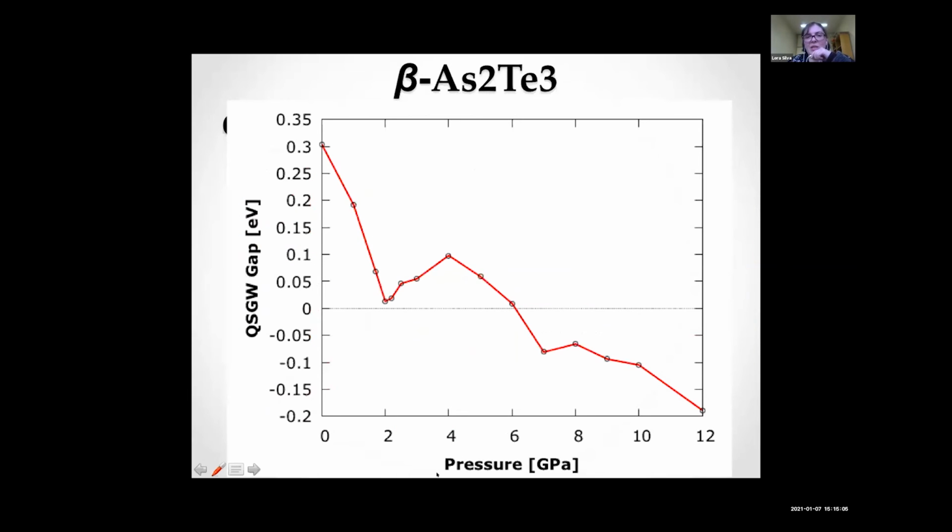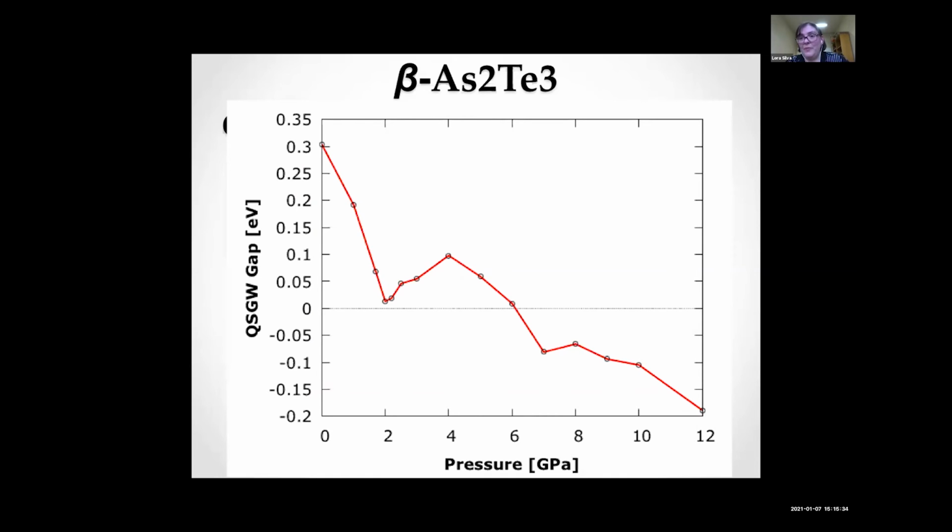Okay, this is just a plot of what we see on further applying pressure to the system up to 12 gigapascal. Like I said, at 4 gigapascal the gap reopens again, but then it starts to decrease once again. And slightly over 6 gigapascal, we have another transition, from insulator to metal.